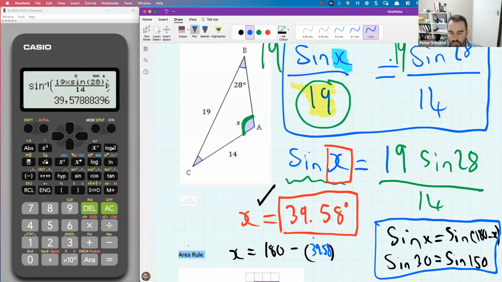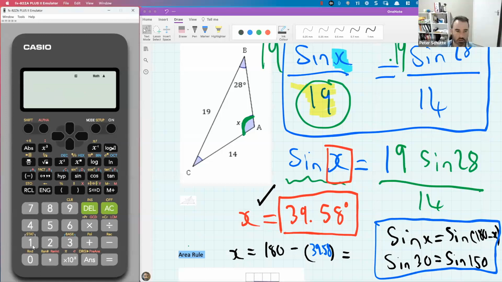So given this information, find me the value of x that will fit this angle over here. We know 39.58 is related to my answer, but it's not my answer. What is the answer that's going to fit this triangle?